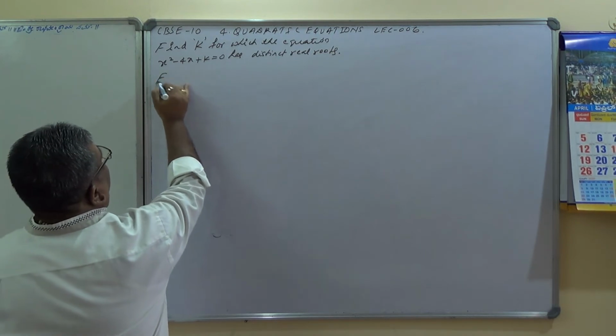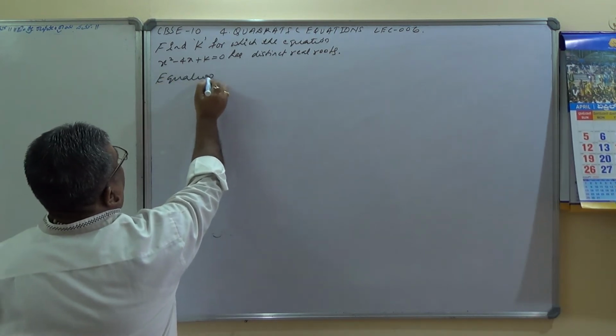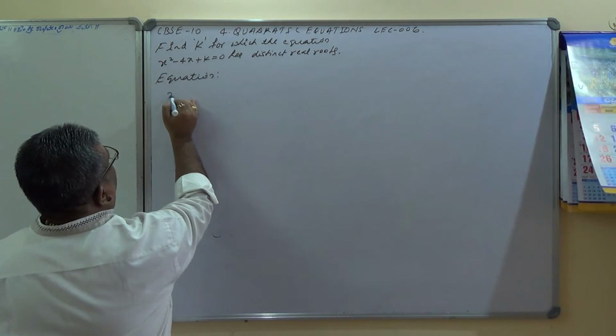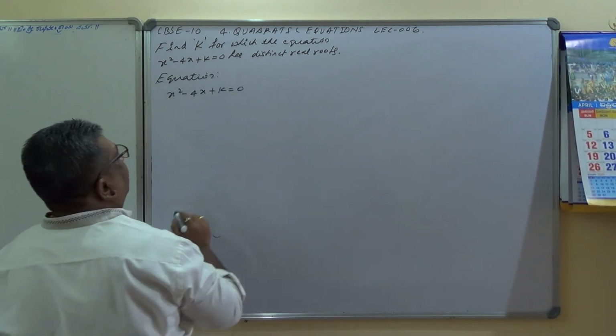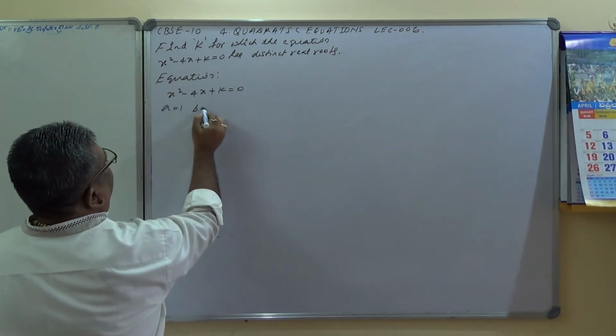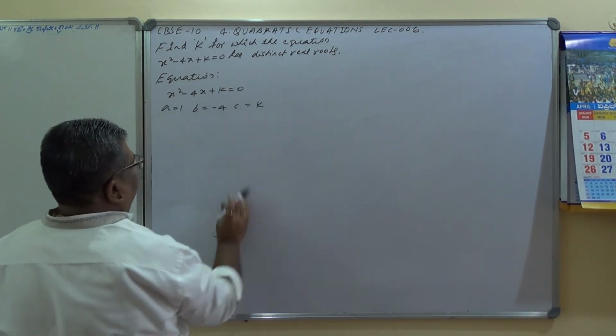So the equation is x square minus 4x plus k equals 0. Therefore, a equals 1, b equals minus 4, c equals k.